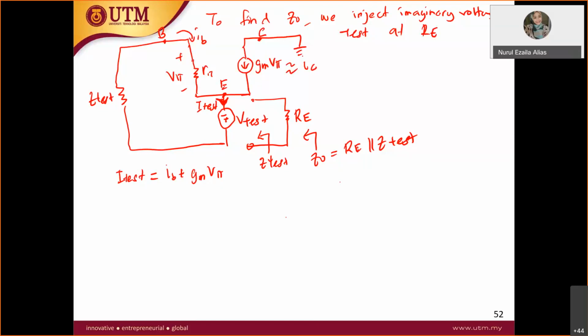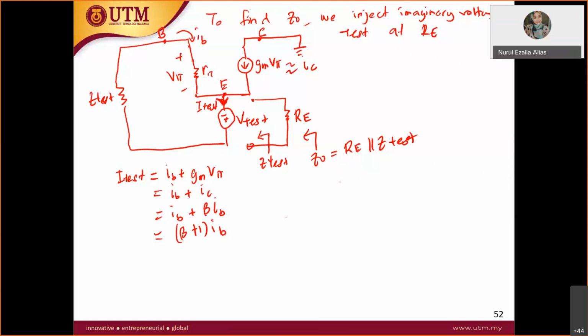Okay, so IB plus IC, so IB plus beta IB, if you still remember that, it is actually equal to (beta plus 1) IB. Okay, so what are the resemblance here? So I test is actually equal to what? This equation looks like IE, right?